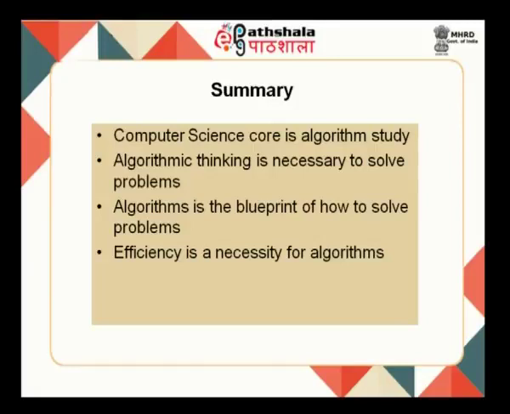Computer science primarily deals with algorithms and their realizations. Algorithmic thinking is necessary to solve problems, because a computer science professional is supposed to write lots of programs to satisfy the requirements of the customer or a third person.